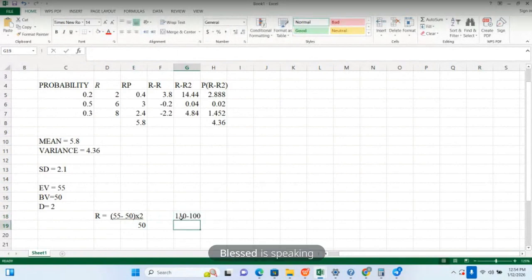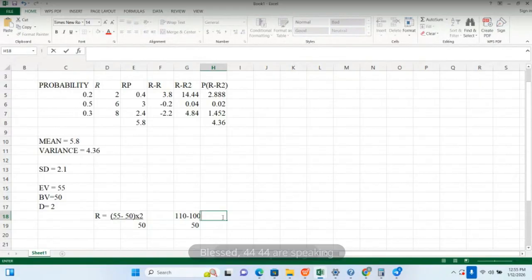Divided by 50. Don't forget we have times 2. So we have 110 minus 100, which is 10. We have already multiplied by 2 now.